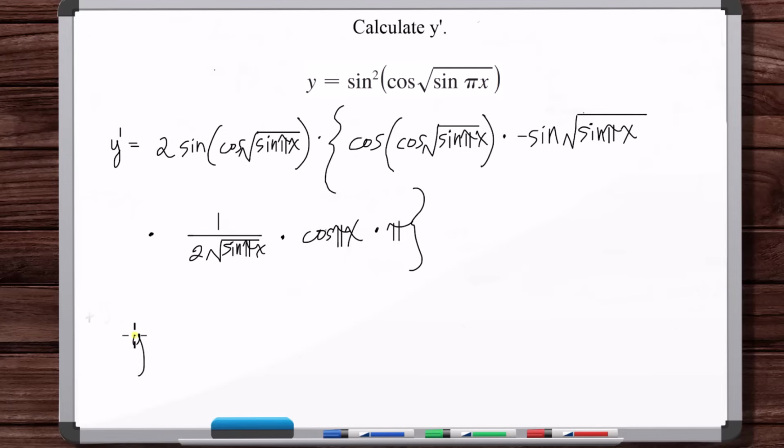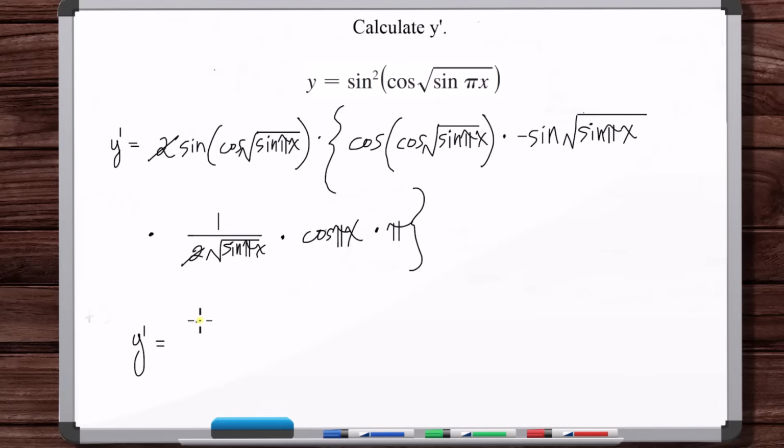So let's write this out. We've got 2 pi or minus 2 pi. Well, actually okay, so these are going to cancel.